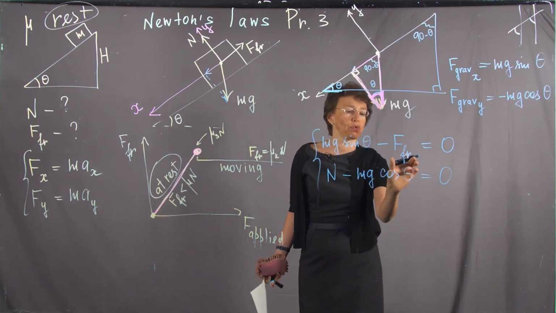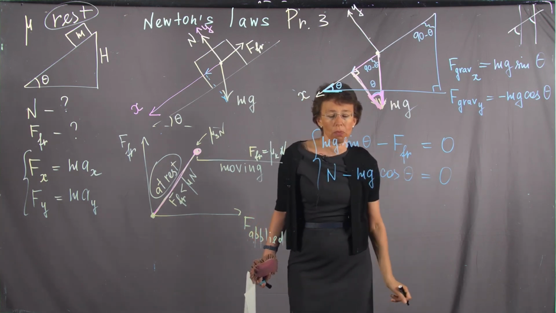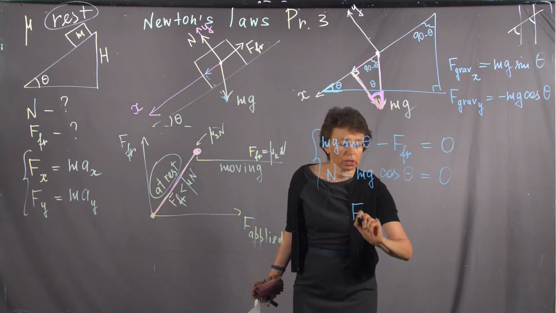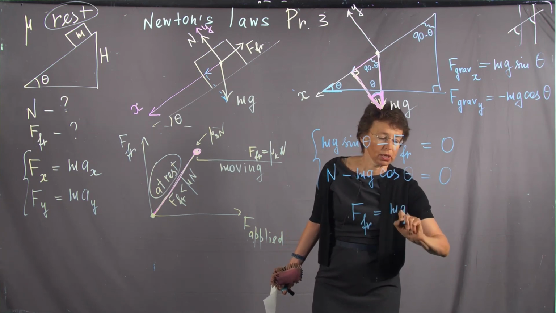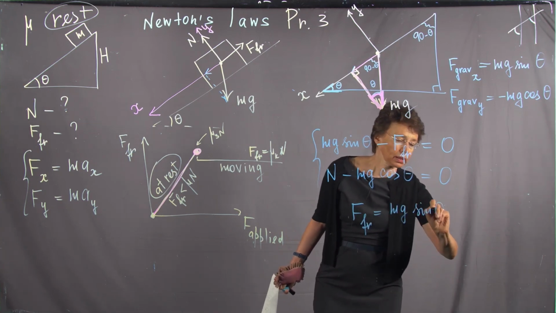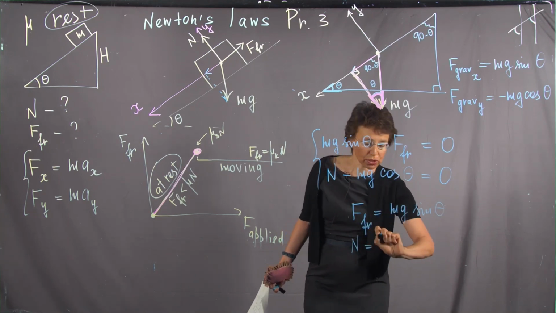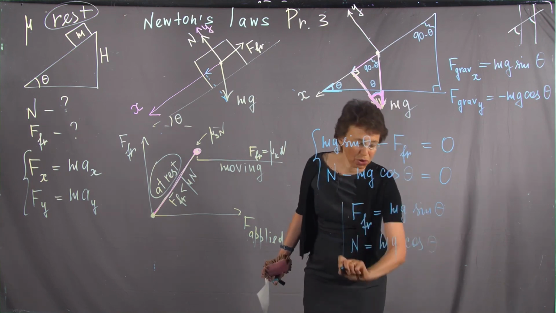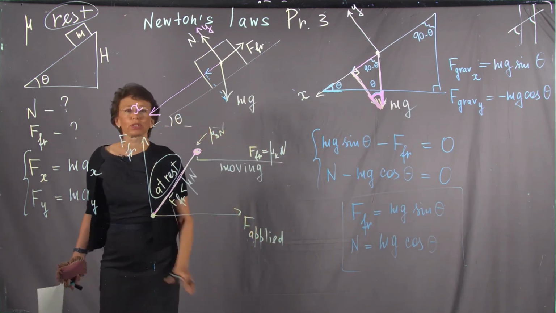I don't know the magnitude of force of friction, and I don't know the magnitude of the normal force. From the first equation, force of friction will be equal to mg sine theta. From the second equation, I know that normal force is equal to mg cosine theta. So we found both of them, force of friction and normal force. Problem solved.